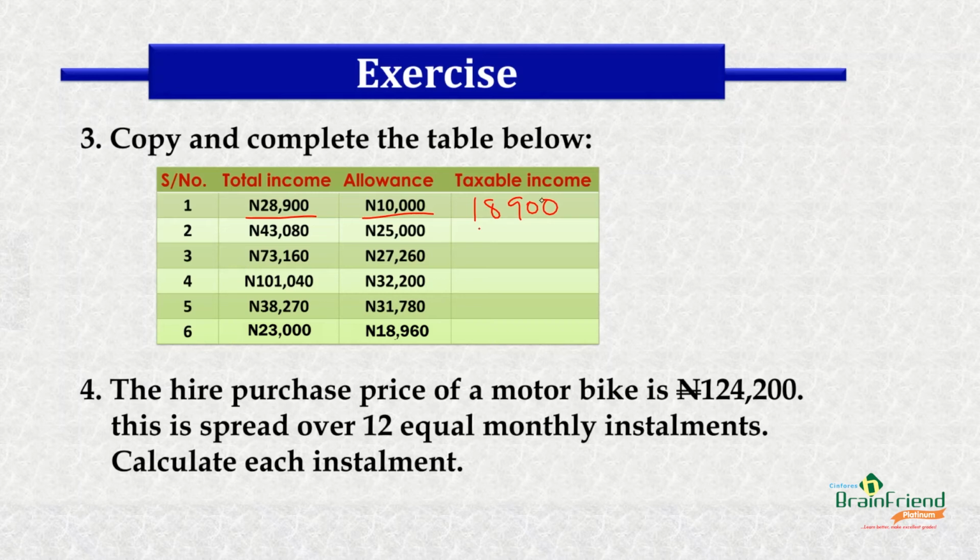The next one, we have 18,080. Next, we have 45,900. We have 68,840. We have 6,490.